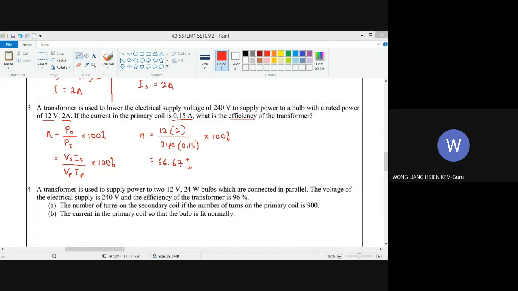You can also see, if you use handphones of different brands, for example Samsung, Oppo, and even the service provider also has handphones, you will find that the charger, when you charge your phone, the temperature will be different. Some of them will have higher temperature, hotter than the others.